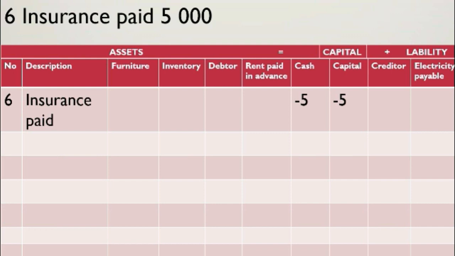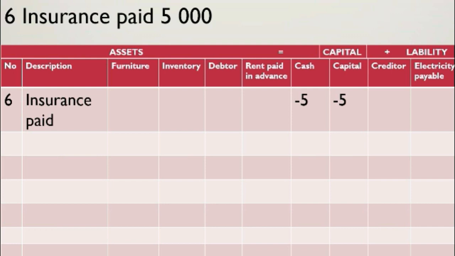What we know is asset is equal to capital plus liability. Here cash asset is reducing by 5,000 and capital is also reducing by 5,000 because of an expense. So minus 5,000 is equal to minus 5,000. Why are we reducing expense from capital column? Because the difference between the income and expense is profit or loss.